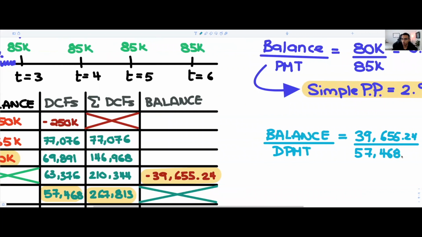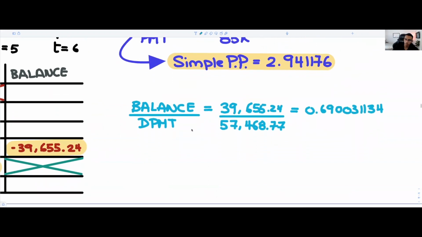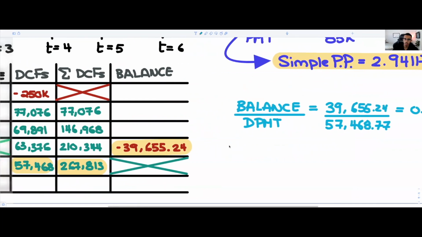I'll put the decimal points in this case, 0.77, such that we're going to get 0.69003114.